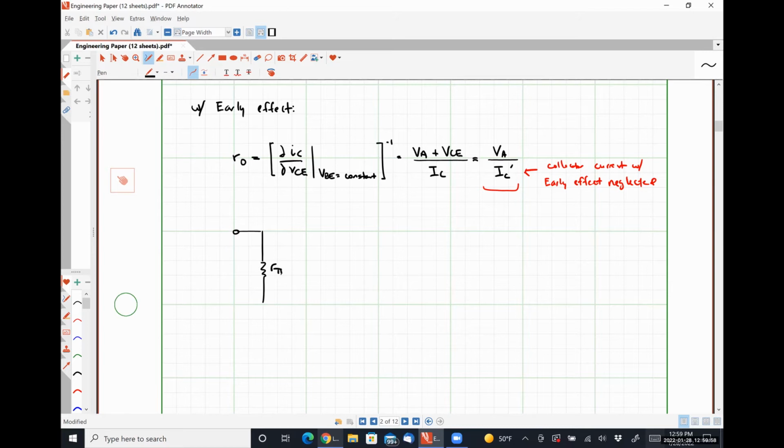Here is R pi, VBE. This is our base terminal. Here's our emitter. GM VBE, R not, RO.